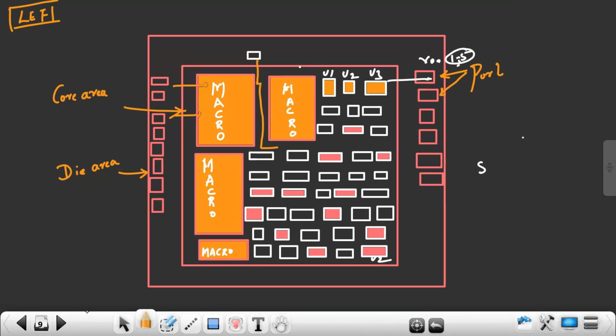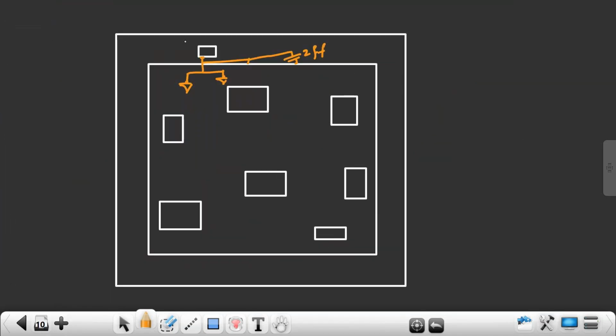Now it is only 2 femtofarad because this clock port is driving only two buffers, two cells. So this pin capacitance and this pin capacitance become the load for this clock port. Now my clock will easily charge and easily discharge.